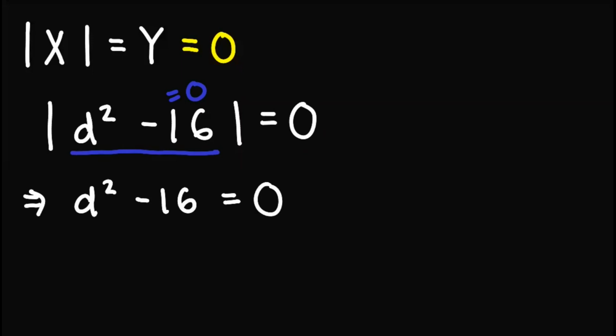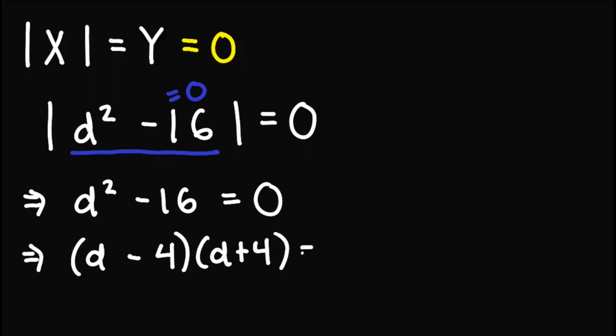So we have a quadratic equation. Factoring the left side of the equation, we'll have d minus 4 times d plus 4 equals 0. We have acquired this since we have a difference of two squares. 16 is just 4 squared.